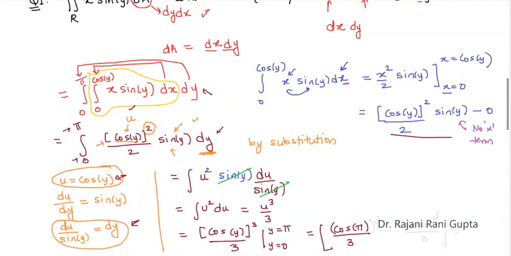If you use a calculator and calculate the value of cos of pi, it comes out to be minus 1. You have to keep your calculator in radians mode. Okay, so it gives you minus 1. Minus 1 to the power 3 gives you minus 1 over 3. And cosine of 0 gives you the value 1, so minus 1 over 3. Which gives you the final answer as minus 2 over 3.